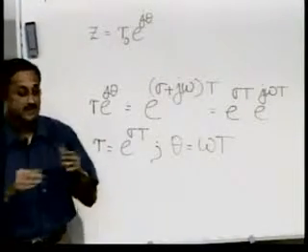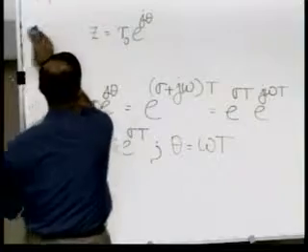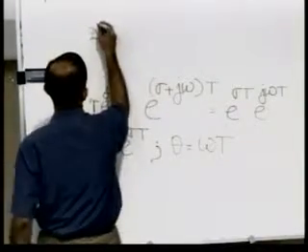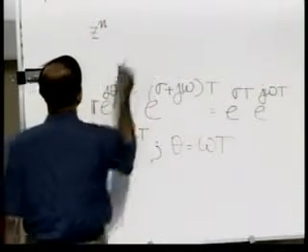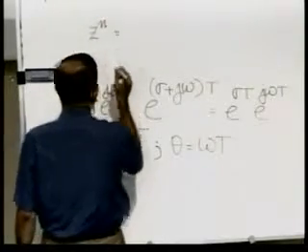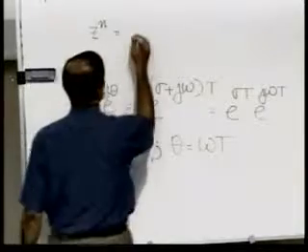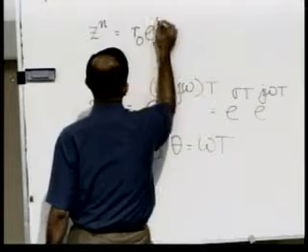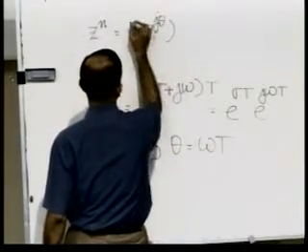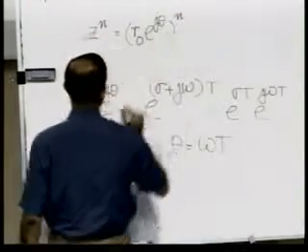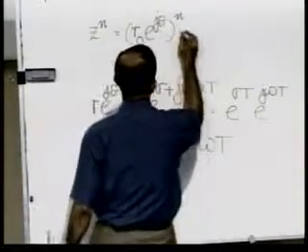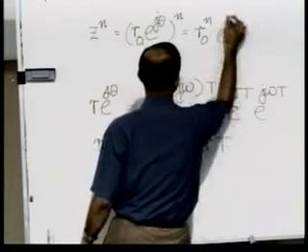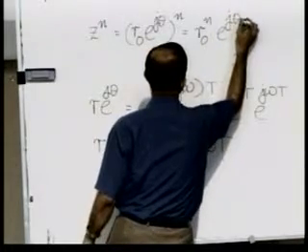Another way of looking at the same thing is, if you look at z raised to the power of n, right? So, if z has a fixed magnitude r0 e raised to the power of j theta, and theta varies, the whole raised to the power of n, okay? This is r0 raised to the power of n times e raised to the power j theta n.